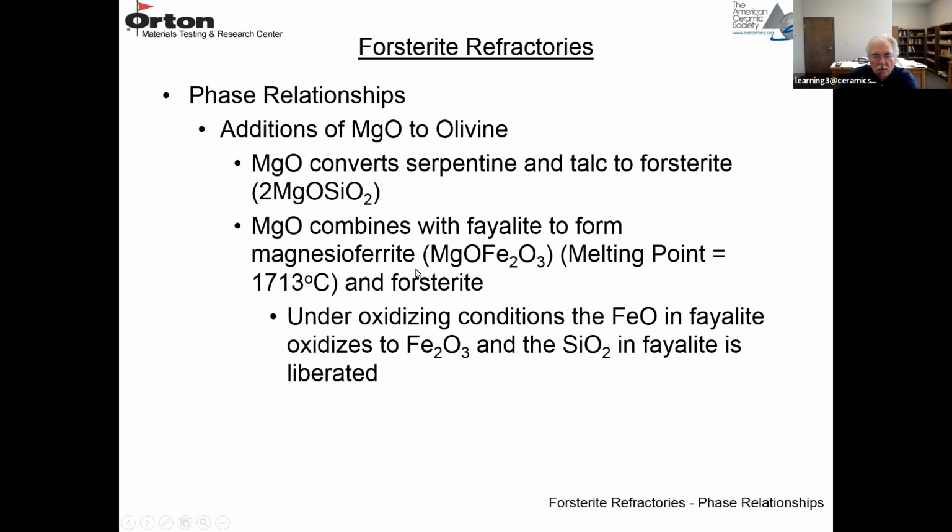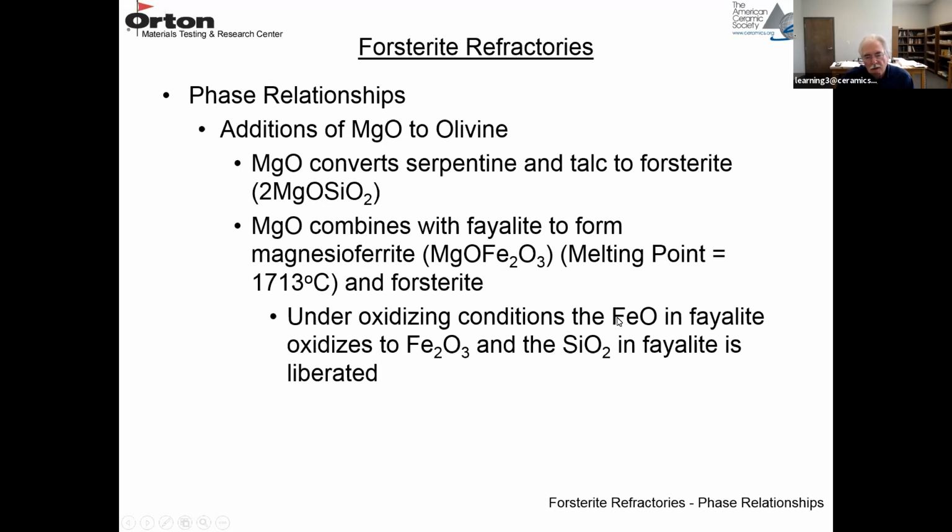We've mentioned this phase before, MgO·Fe2O3, which melts at a higher temperature, 1713 degrees C. So MgO converts these two magnesium silicates, serpentine and talc, to a higher temperature forsterite, and MgO can combine with the iron in fayalite to form a magnesioferrite and forsterite.